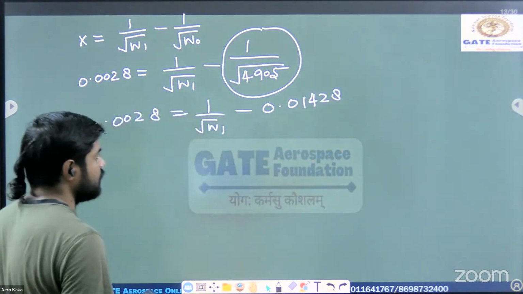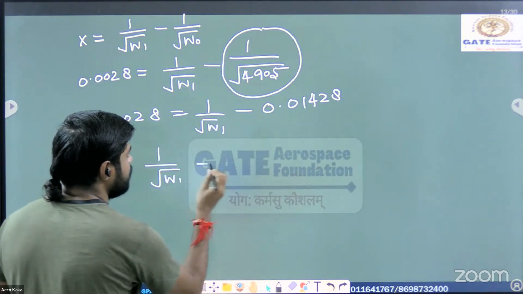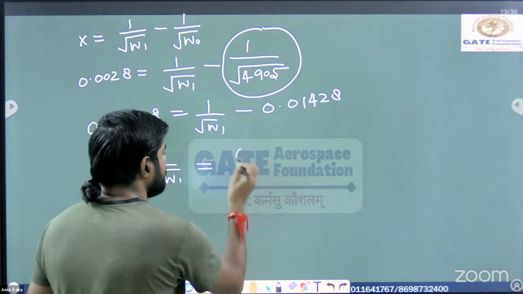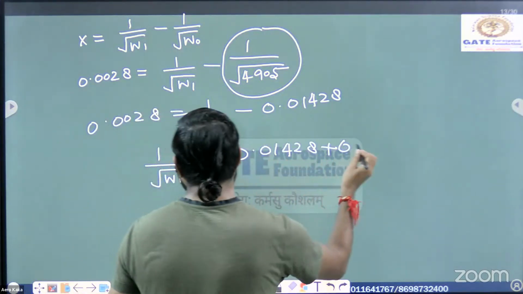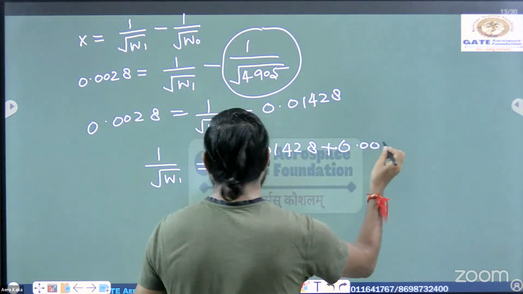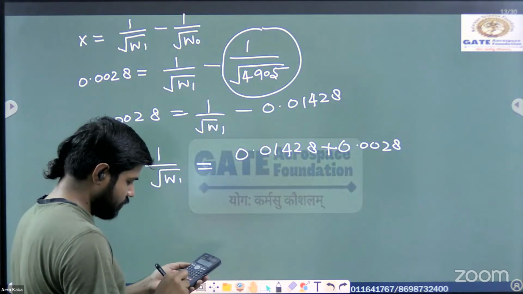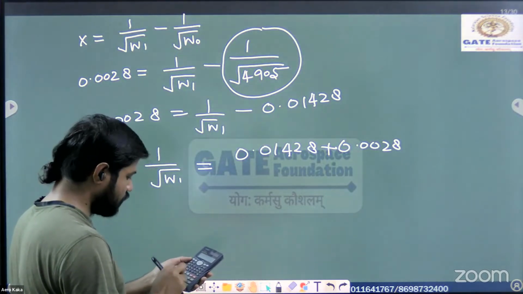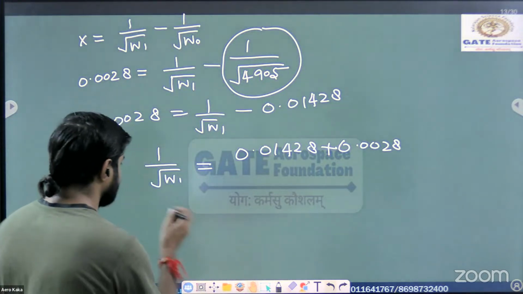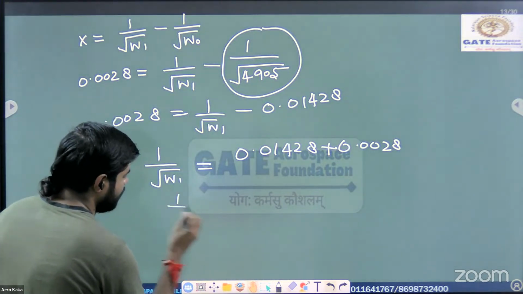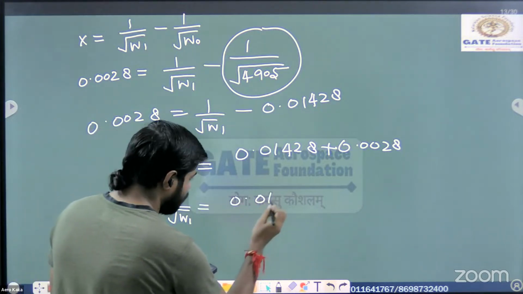Now from here, what you can write? The 1 upon root W1 is equal to how much? 0.014228 plus 0.0028. We are getting 1 upon root W1 is equal to 0.01708.